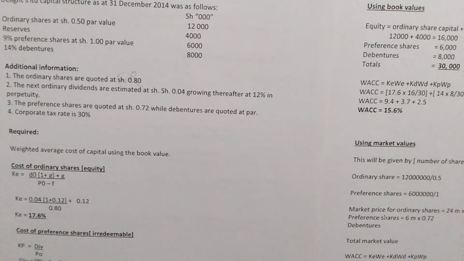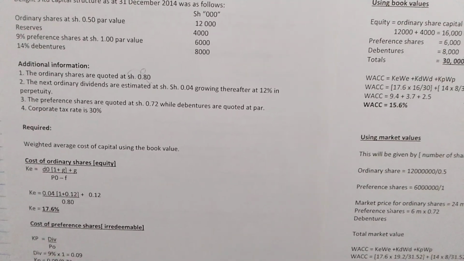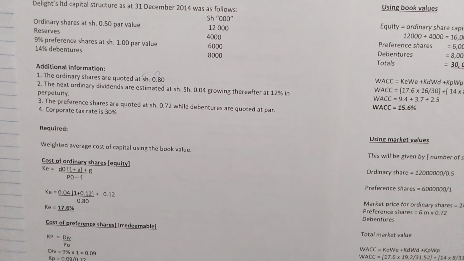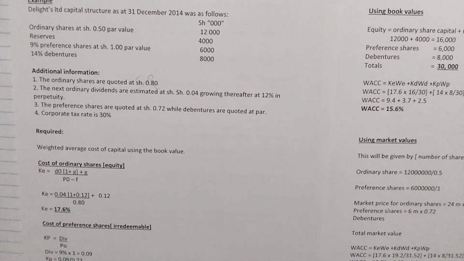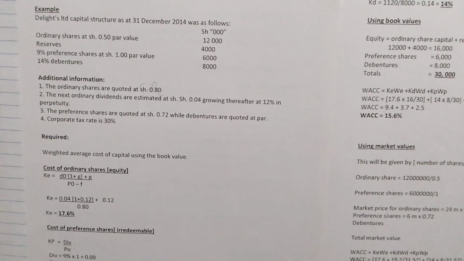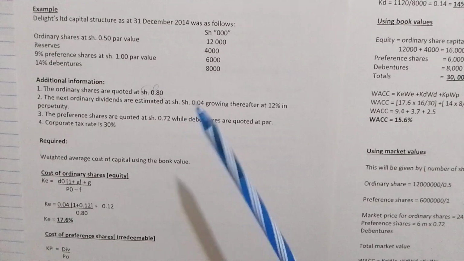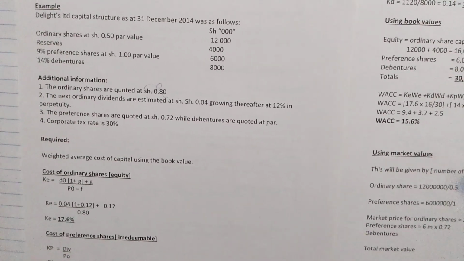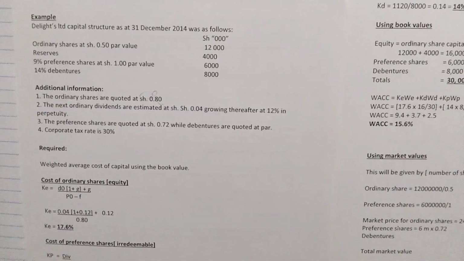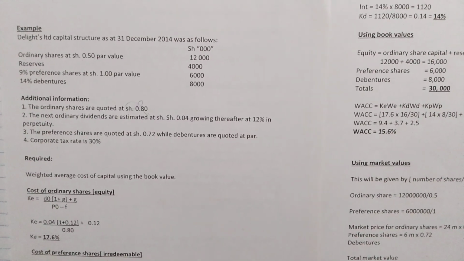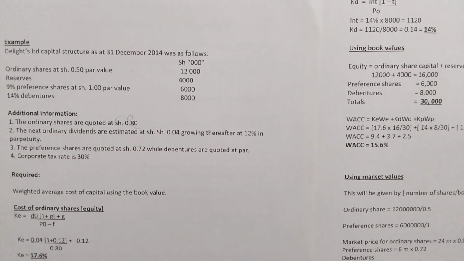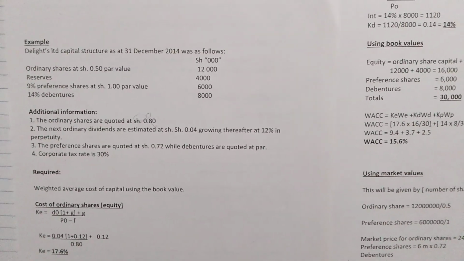Number two, the next ordinary dividends are estimated at shillings 0.04, growing thereafter at 12% in perpetuity. Now we have said D note. The examiner has to give you the D note, the dividends, and the growth rate, because our formula for cost of equity is D naught into brackets 1 plus G over P naught minus F, then plus G times 100.